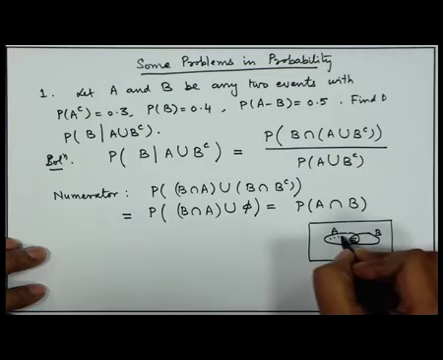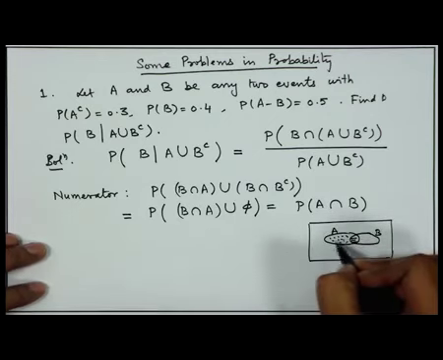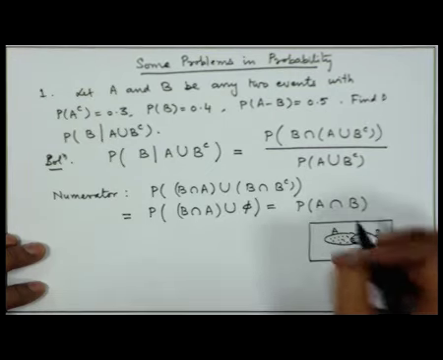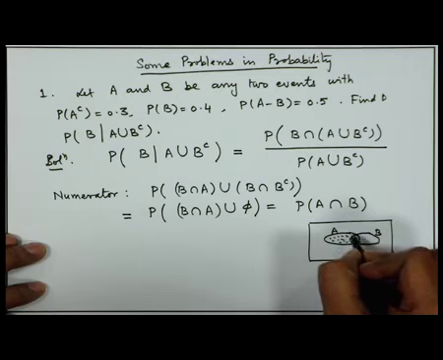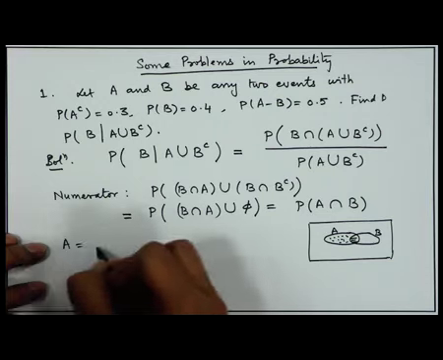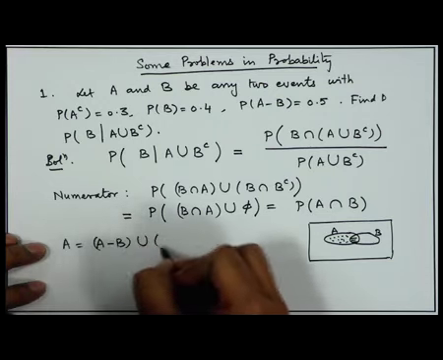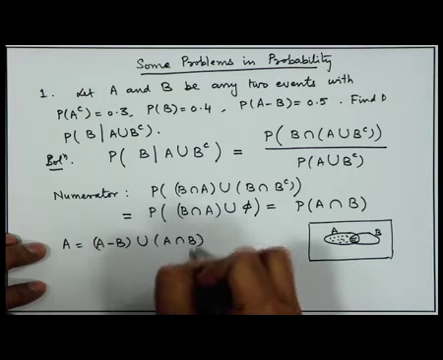You can easily see that this part is A minus B, which you can also say is A intersection B complement. Therefore, the set A is equivalent to A minus B union A intersection B.